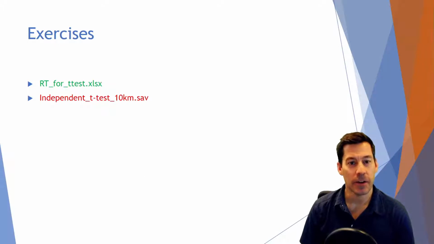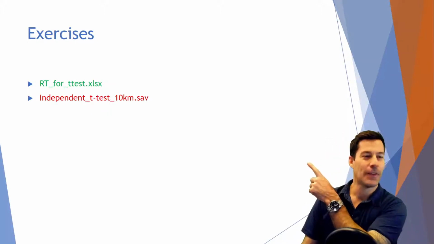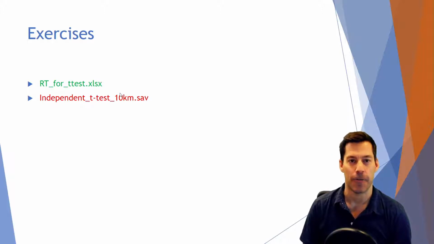Okay, so now let's try doing an independent t-test using SPSS. What we're going to do is use this file up here called independent t-test _10km.sav. SAV is the SPSS data file format. So I'm going to double click on that file and open it up, and you should see something like this.